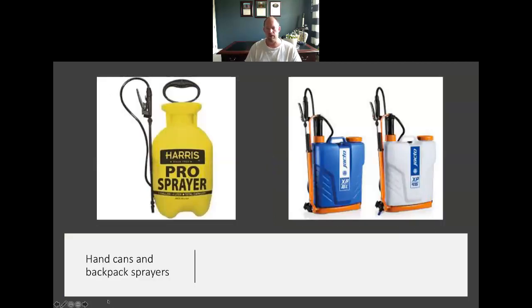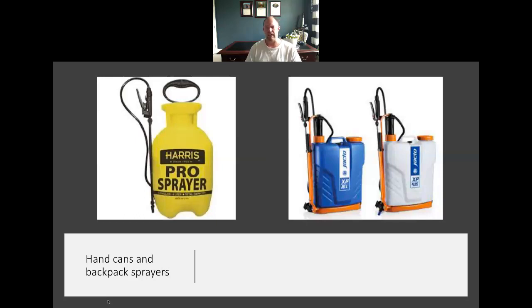You're also going to have a hand can or a backpack sprayer. This is more or less for what I call QA work, where you're going out and doing a service call or something like that. Maybe you've got to mix up a more expensive specialty product, or you're going out to do a job where you're not going to need that much material, like in a perimeter pest spray or something like that.